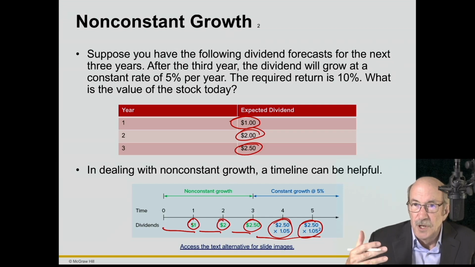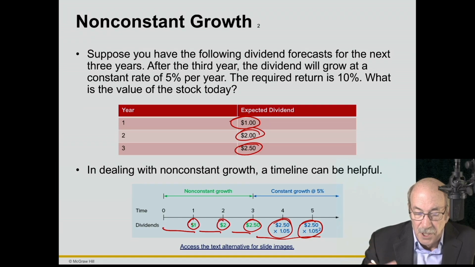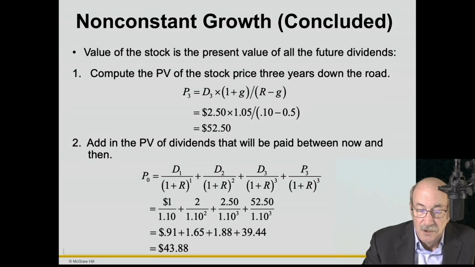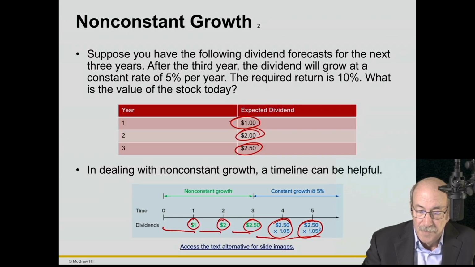So there are multiple ways we could handle this. But the way that your authors show this is, well, let's try to calculate a price at time 3. And so that price at time 3 is going to be right here. Imagine us standing here. We've just received the $2.50 dividend, and now we're looking for what it's worth as an ongoing firm.